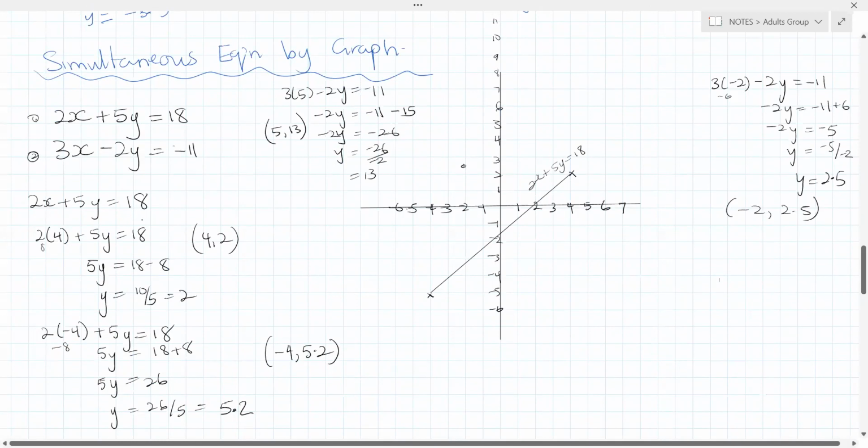So our coordinate is 4, 2, which we plotted. Then we did another coordinate, -4. 2 by -4 is -8. 5y is equal to 18, and this is -8, so it's going to be +8. 18 plus 8 is 26.